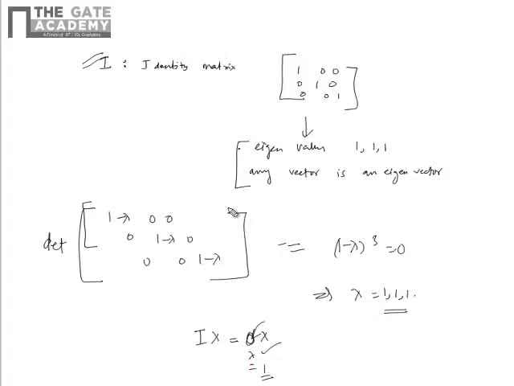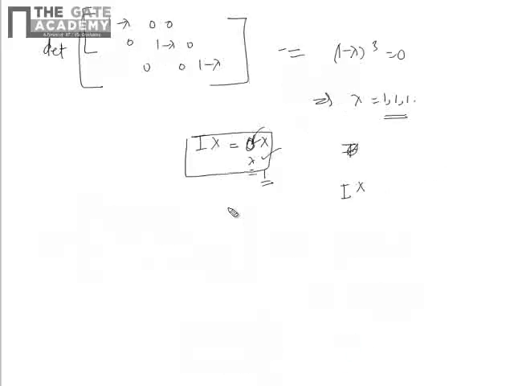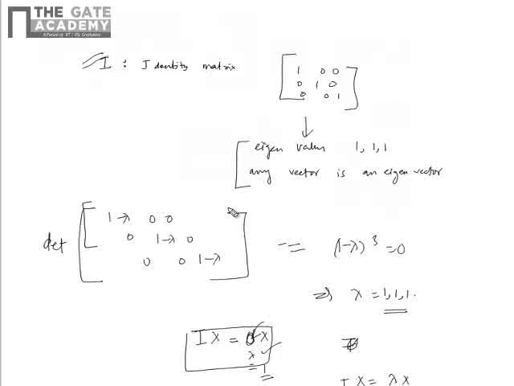So I need not actually take the determinant. Directly, as per the definition, any vector you multiply with I, you will get back the same vector, and this is basically 1 here. Okay, so these two are important facts to remember.